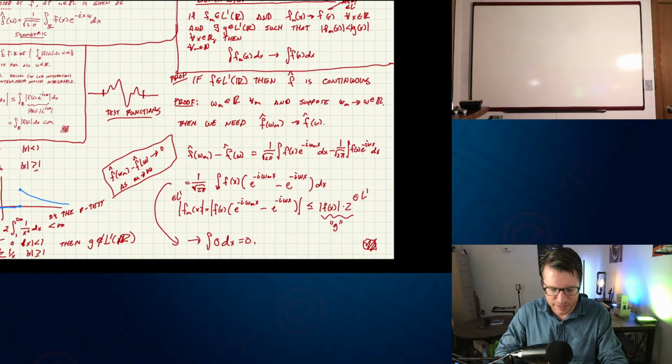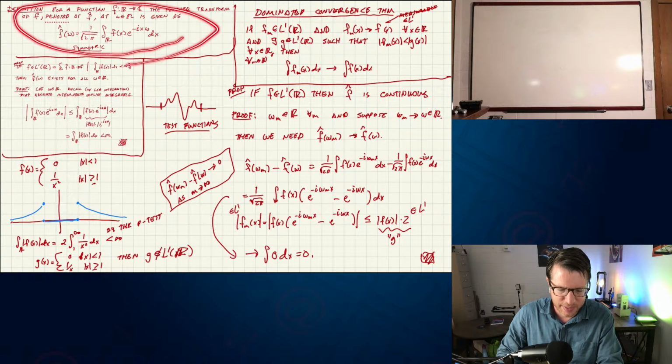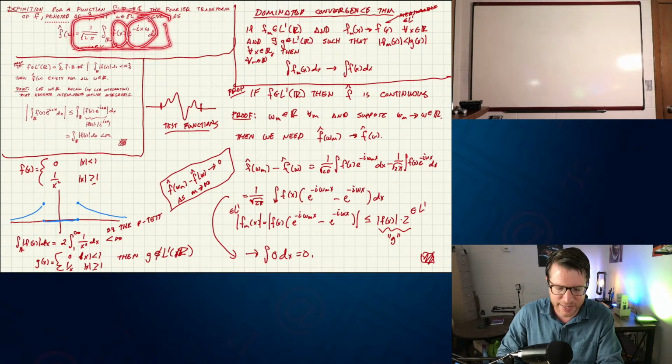All right, so that's the definition. Just to review for everybody who's new here, we're talking about the Fourier transform. So we have f hat of omega is equal to this integral, which is f of x times e to the minus i x omega.